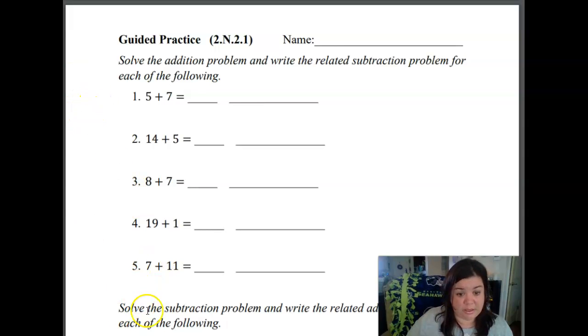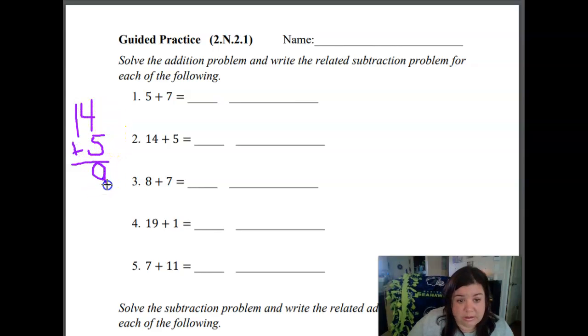Okay, did you find the answer to 14 plus 5? What's 4 plus 5? 9. 1 plus 0 is 1. So the answer here is 19. So these are the 3 numbers we're working with.